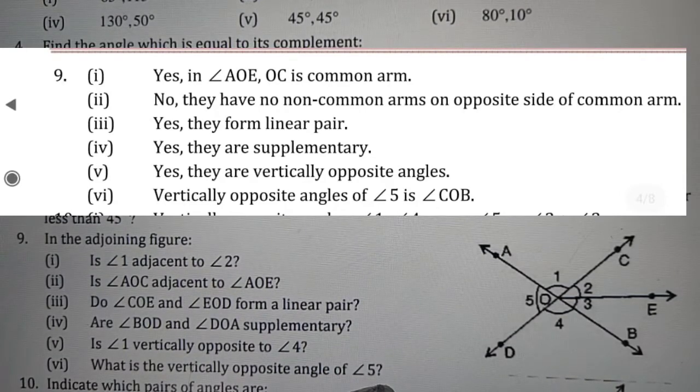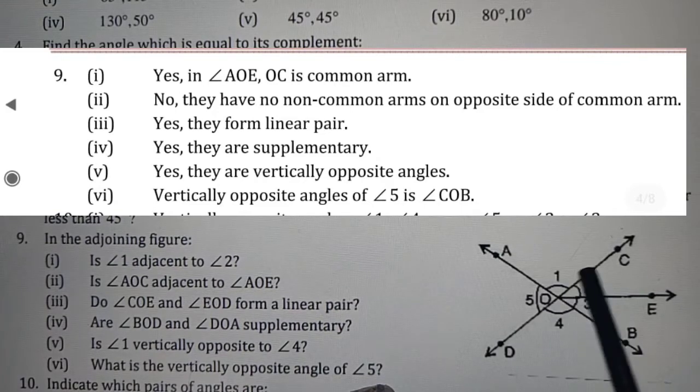So next, students, the question related to question number 9 is: in the adjoining figure, is angle 1 adjacent to angle 2? What are adjacent angles? As you have seen in yesterday's videos, adjacent angles are those angles in which there is a common arm between two angles. Now this is angle 1 and this is angle 2.